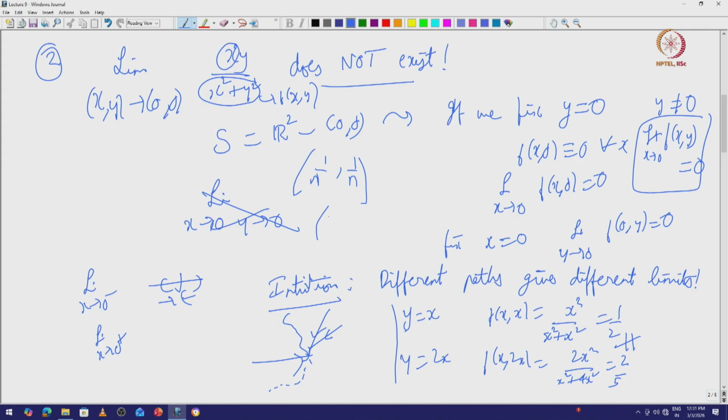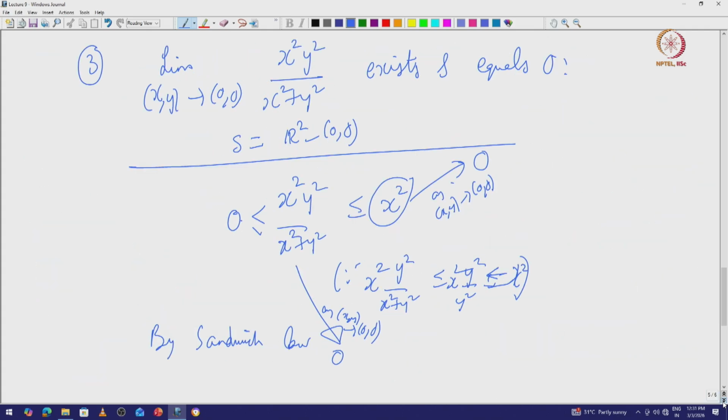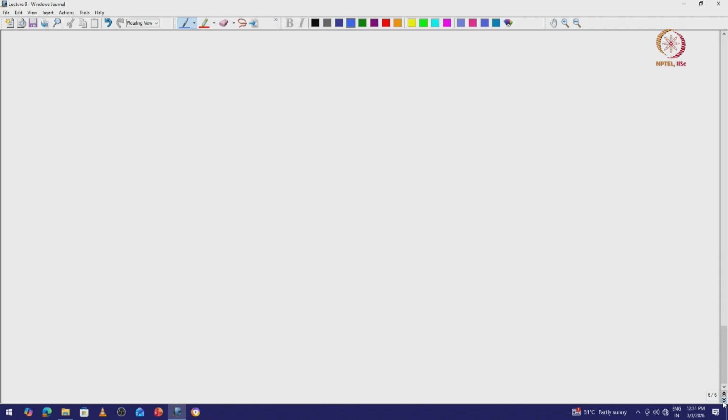Choose another sequence to be (1/n, 2/n). As n goes to infinity, this sequence also approaches (0, 0). However, f(1/n, 1/n) equals half, and f(1/n, 2/n) equals 2/5, right? So in other words, we get two different limits, and therefore by this theorem the limit doesn't exist. So we don't have to worry about deltas and epsilons anymore.